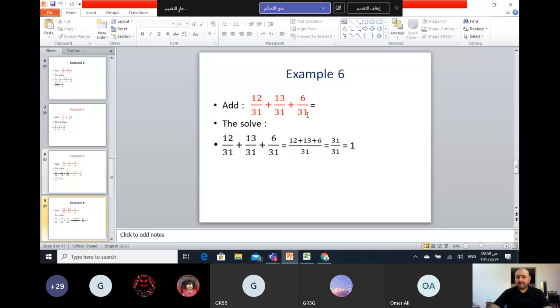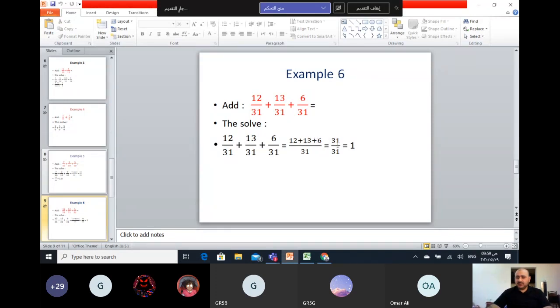What is the rule? Write the same denominator in the answer, 31, then add the numerators. 12 plus 13 plus 6. 12 plus 13 will be 25. 25 plus 6 will be 31.